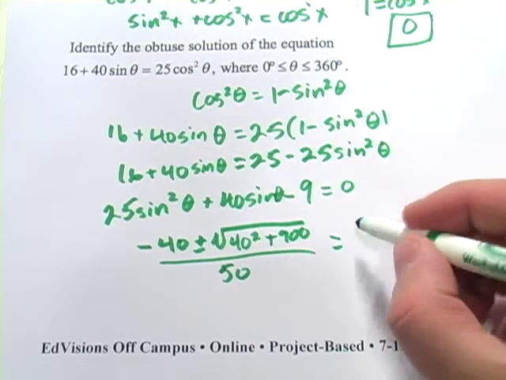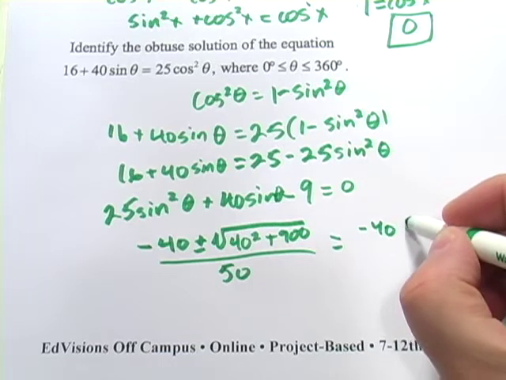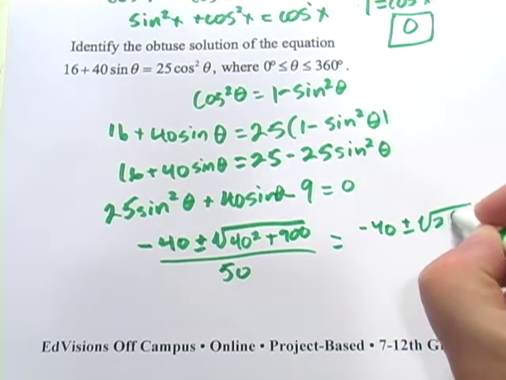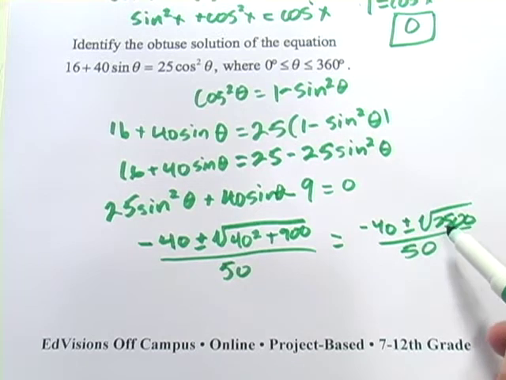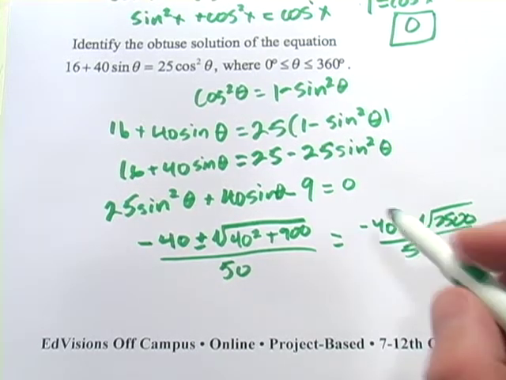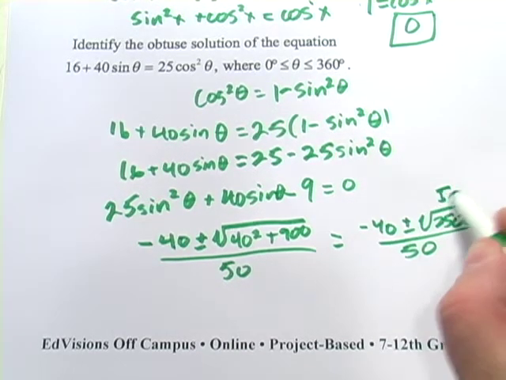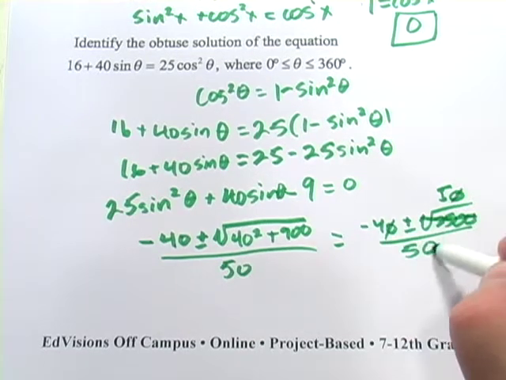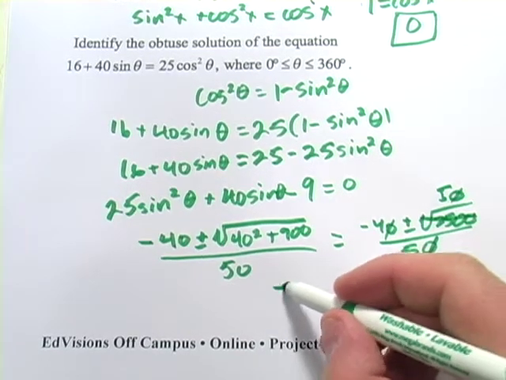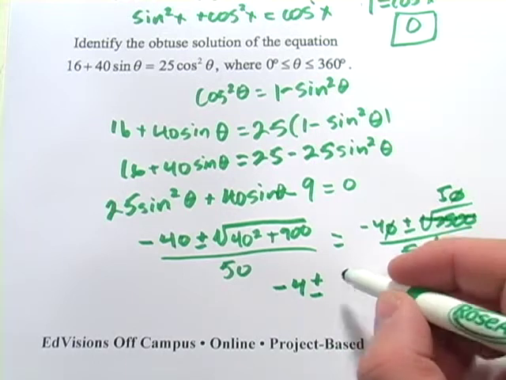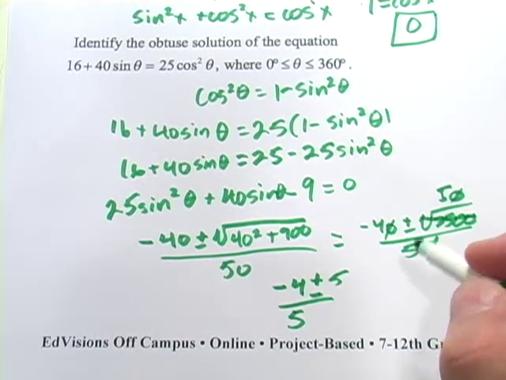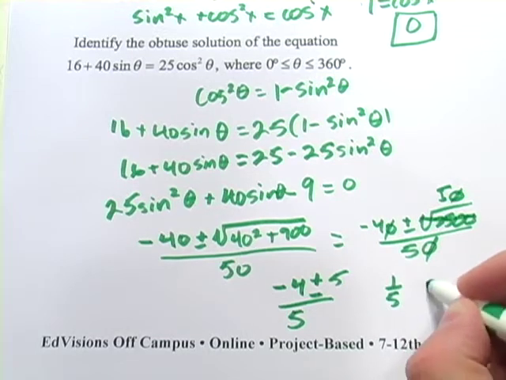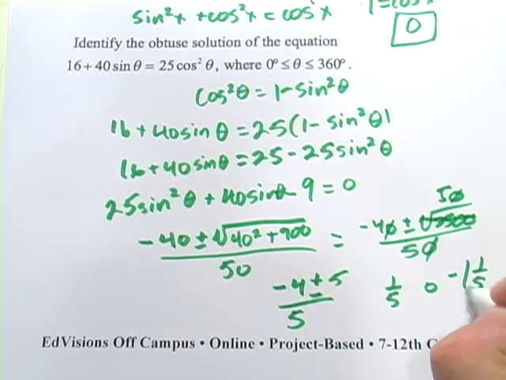So this is going to be negative 40 plus or minus the square root of 2500 over 50. And the square root of 2500 is just 50. So we can get a 10 out of each one. So really, we've got negative 4 plus or minus 5 over 5. And you end up with either 1/5 or negative 1 and 1/5.